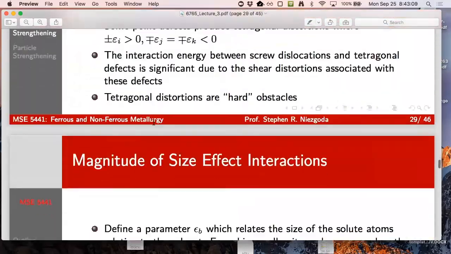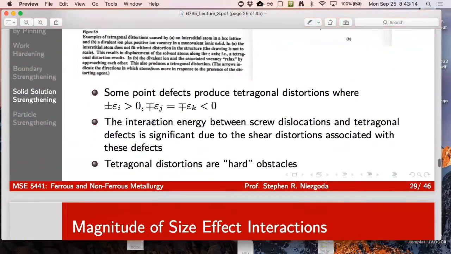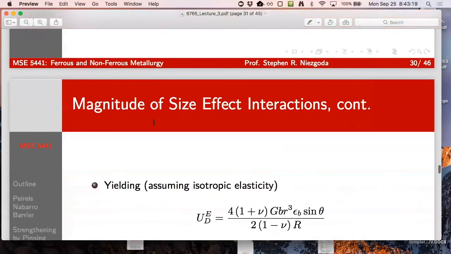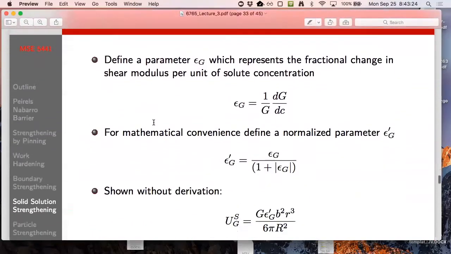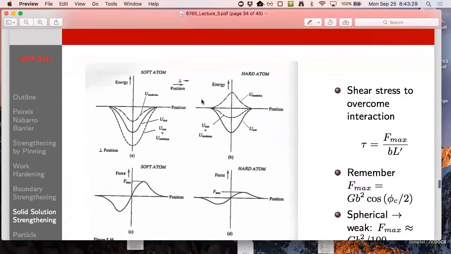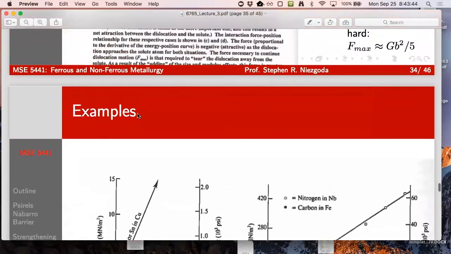So for modulus hardening, you've got the size, or for solid solution strengthening, you've got size interactions and modulus interactions and how they come together. So understanding where this comes from, you're not going to have to do anything quantitative. So if you can write the equations down if you desire for understanding, but you're not going to have to do anything with them.